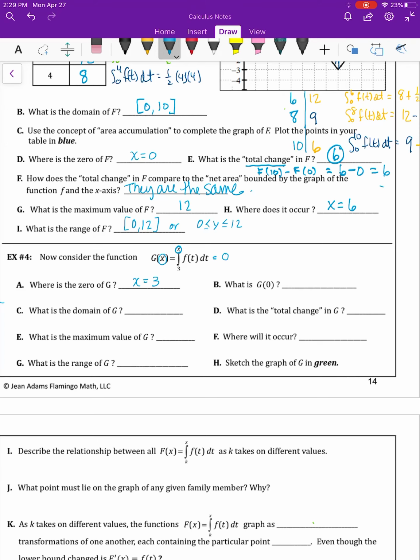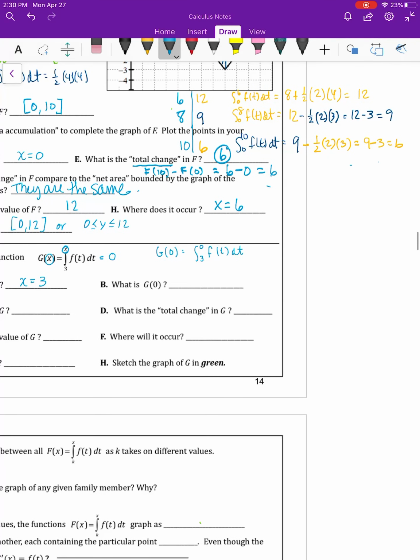And then what is g of 0? Well, g of 0 is going to be the integral from 3 to 0 of f of t dt. Well, this always has to be from a smaller number to a larger number.